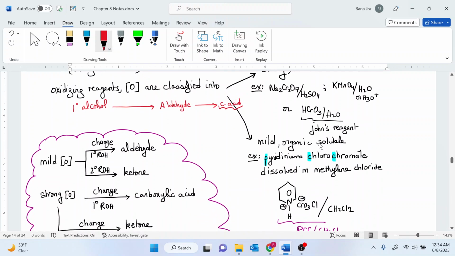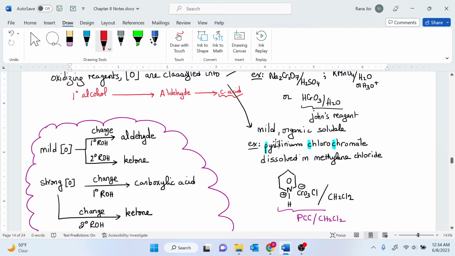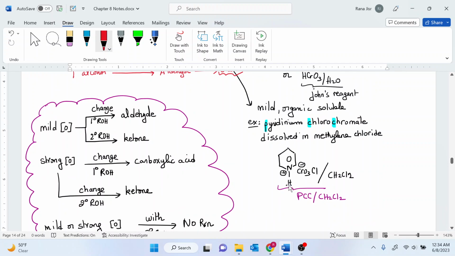So mild oxidizing agents are water insoluble. So we call those organic oxidizing agents. They are organic soluble. Of those types of oxidizing agents, we're just going to consider one of them, which is pyridinium chlorochromate, PCC.